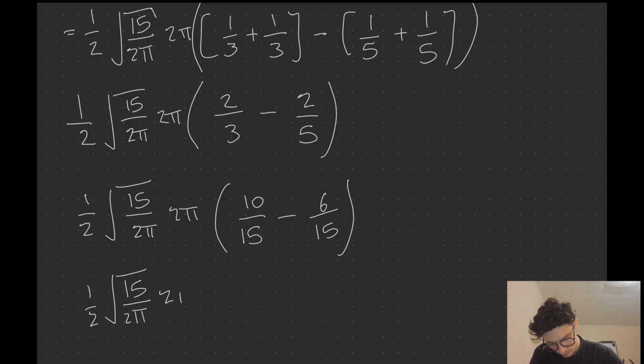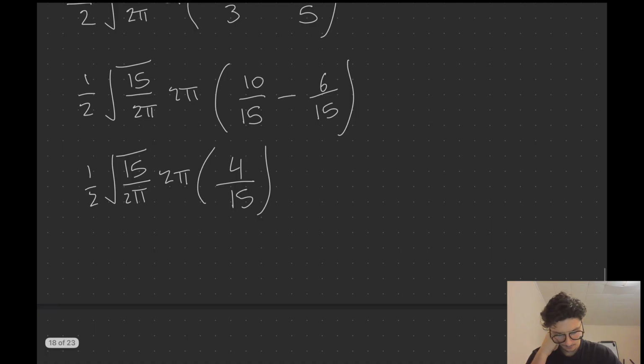Two pi. Here we have 10 minus 6, 4 over 15. Okay. This guy cancels with this guy. This becomes a 2. That becomes a 4.